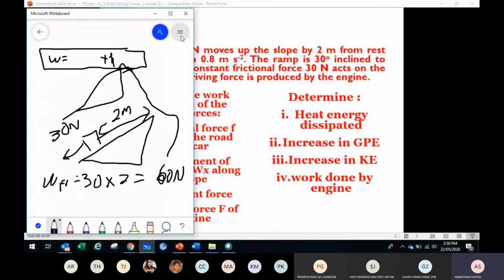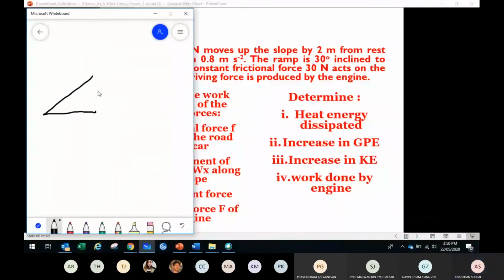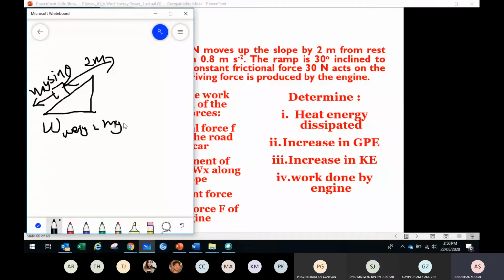The weight acts down, mg sine theta, and the car climbs up a distance of 2 meters. So work done by the weight is equal to mg sine theta times 2. So you get the answer.